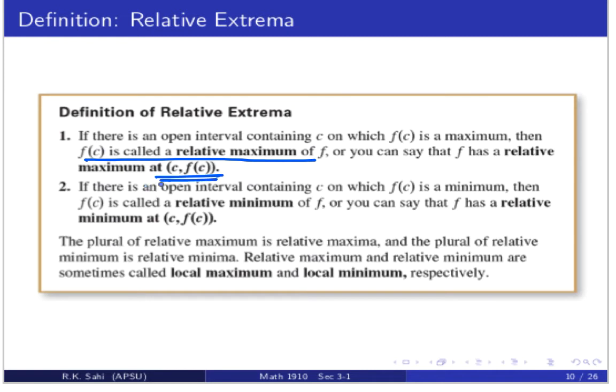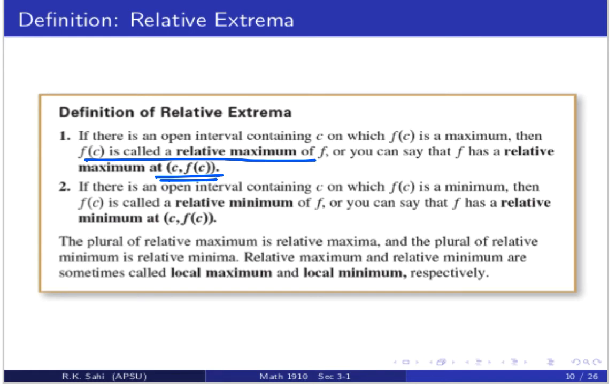In a similar fashion, if there's an open interval containing c where f of c is a minimum, then we say f of c is a relative minimum of the function. The plural of relative maximum is relative maxima, and for relative minimum it is relative minima. Sometimes we call them local maximum and local minimum values too.